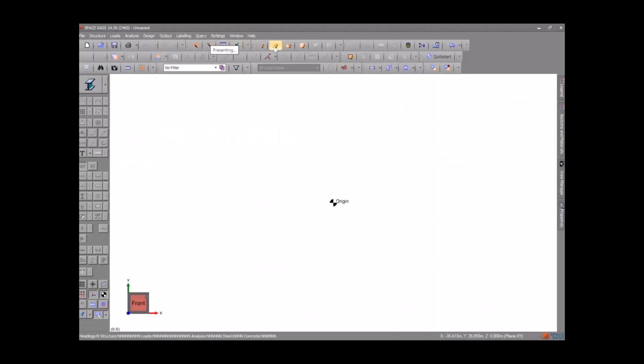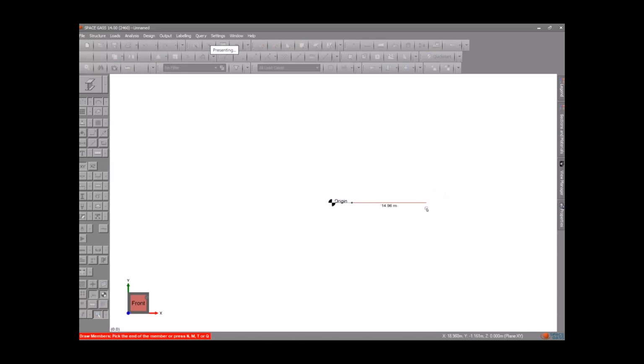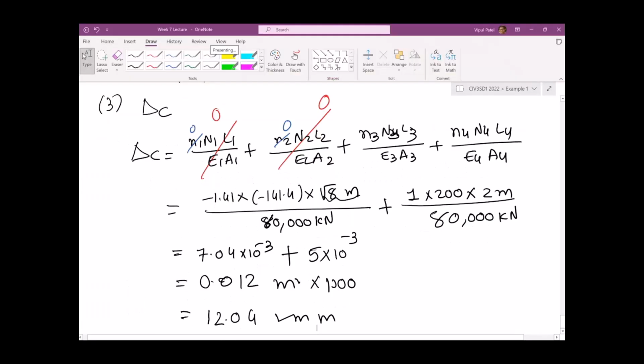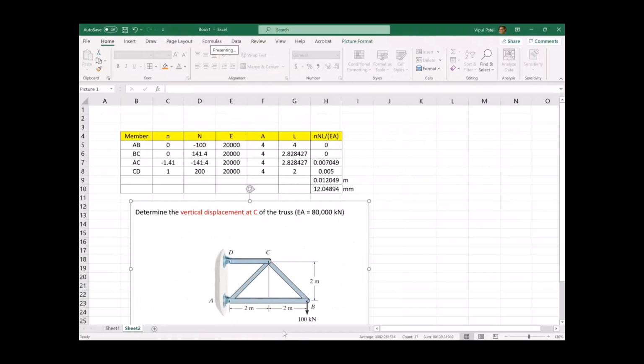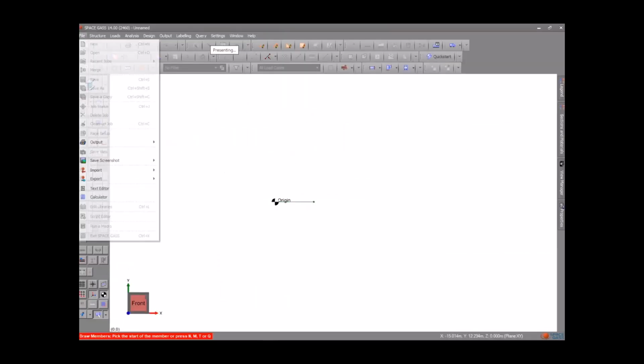So draw members 0 and 4 meters, and then we got 2 meters. I think we just need to make it 2 meters rather than, let's do the new one again.